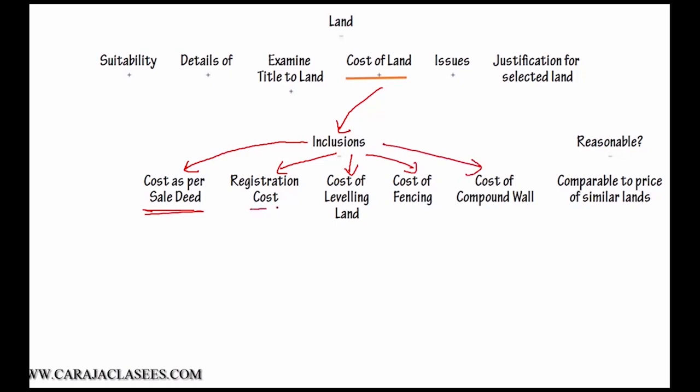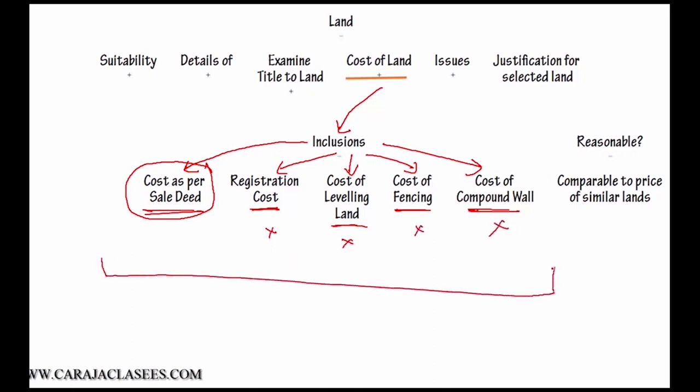What's more important here is that this is not followed by all the banks. Some banks will confine themselves to this level, cost as per sale deed. They'll not look at any of this. But the bank who wants to wholeheartedly support a business, they consider all this and they treat everything as cost of land, the aggregate cost of land.